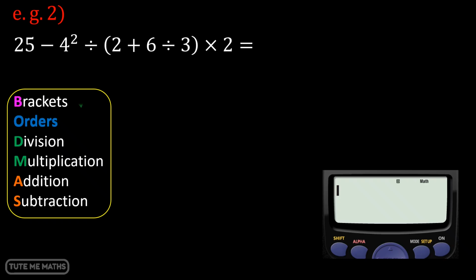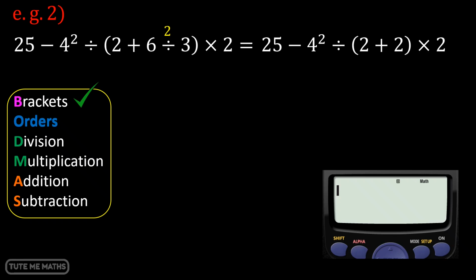In the second example, we again have a pair of brackets, but within these brackets, we have to follow the order of operations. We see an addition and a division, and BODMAS tells us that multiplications and divisions are done before additions and subtractions. 6 divided by 3 can now be replaced by 2. Rewriting the calculation, we now have 2 plus 2 in the brackets.